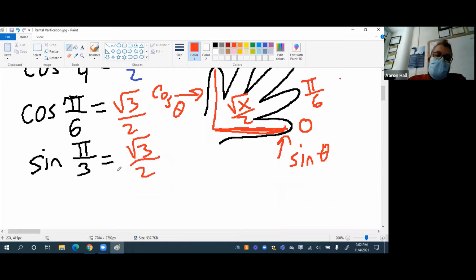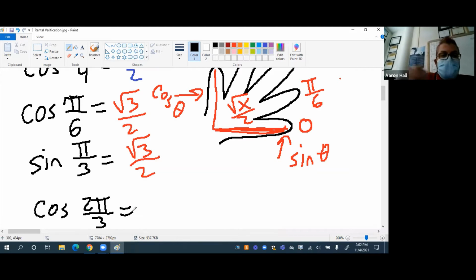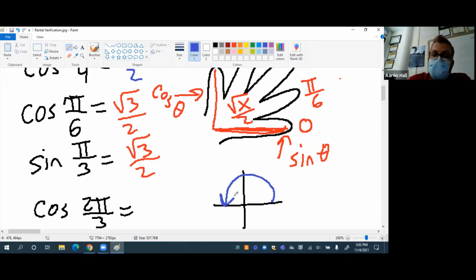Now, what if we get something like this where I have cosine of 2 pi thirds? What quadrant am I in? I'm in the second quadrant, right? Because this half circle is pi.